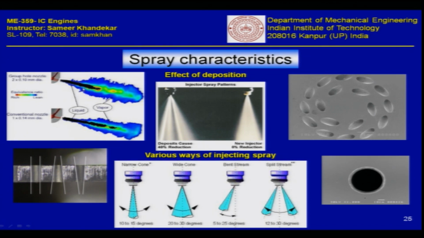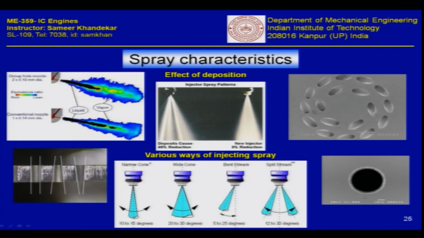Okay, the hole itself can be straight, it can be conical, it can be in a nozzle or a diffuser shape, and there are various patented designs of these cones. You can see some photographs here where you see the spray. They are not even radial.